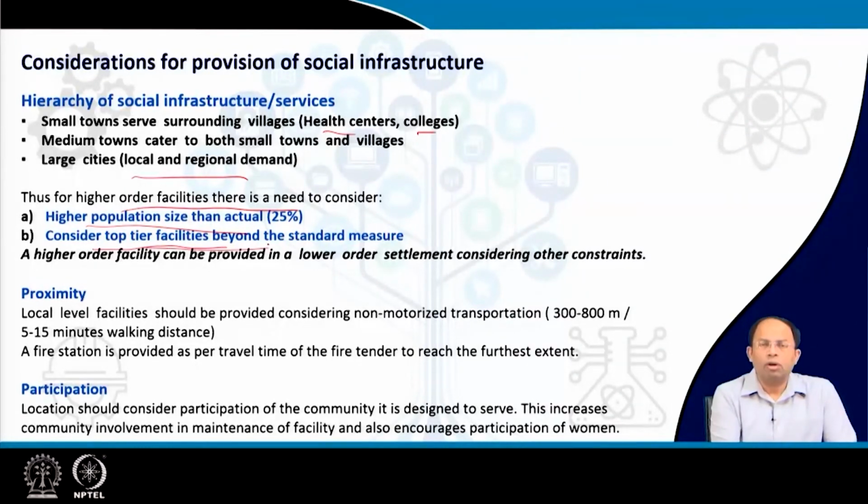That means certain order of facilities, like certain engineering colleges or maybe an IIT, could be kept outside this standard calculation, and if there is a provision to bring those kinds of infrastructure to that area, they should be brought to serve the entire region.